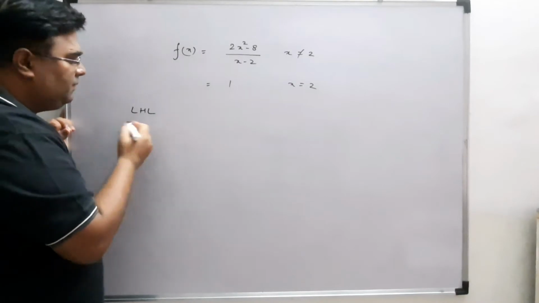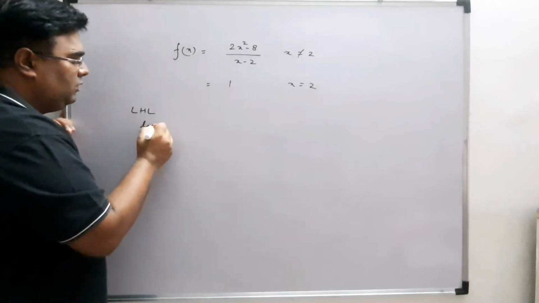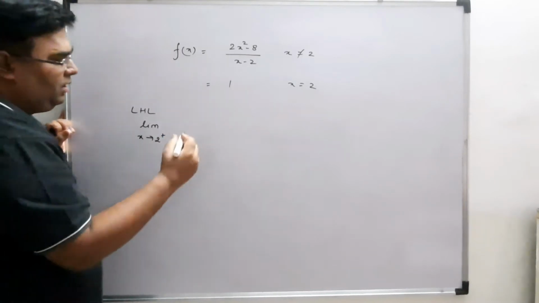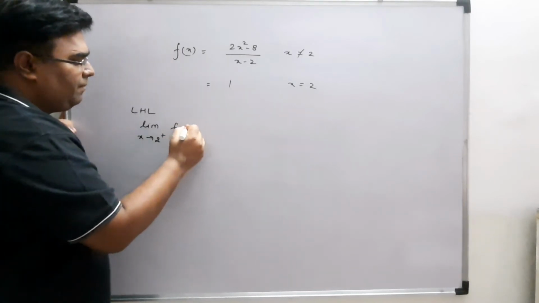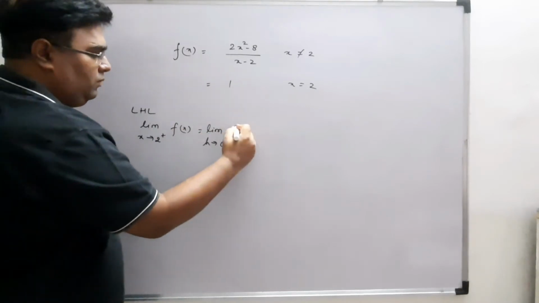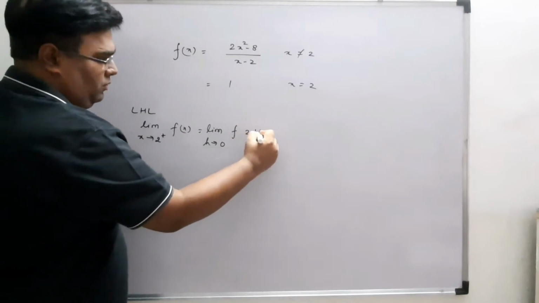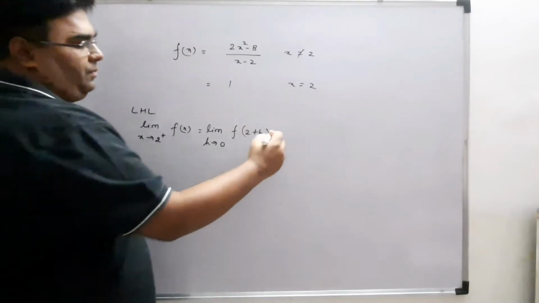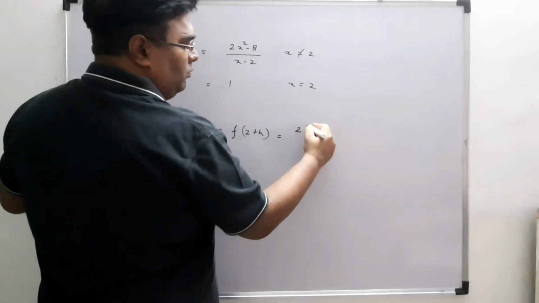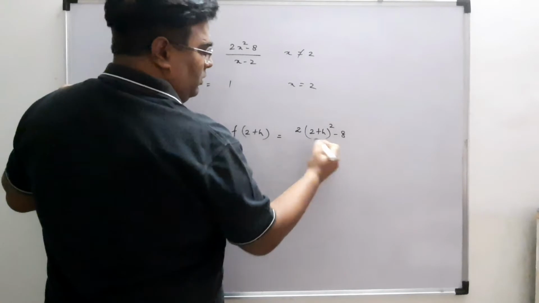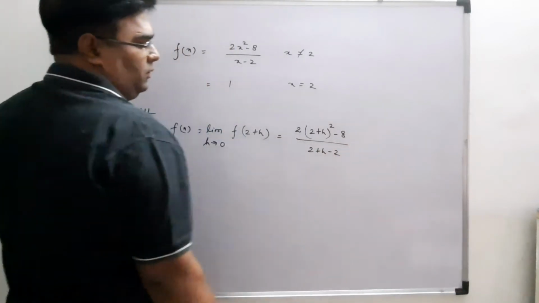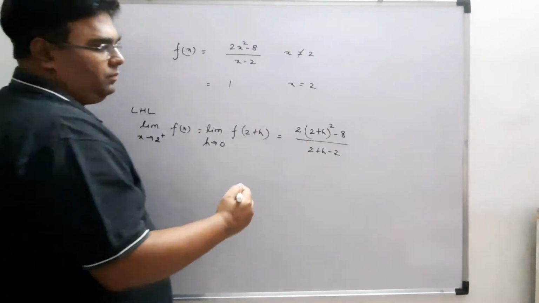what is my RHL? It is the limit as x tends to 2 plus, which gives me the limit as h tends to 0 of f(2 + h).